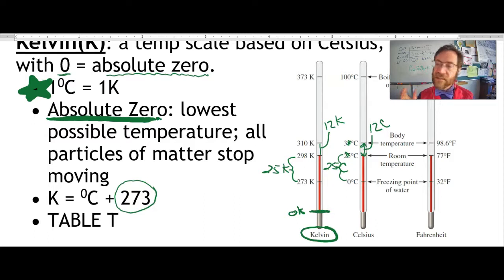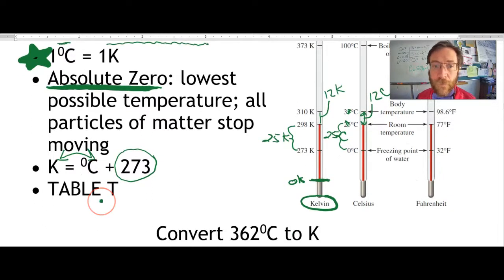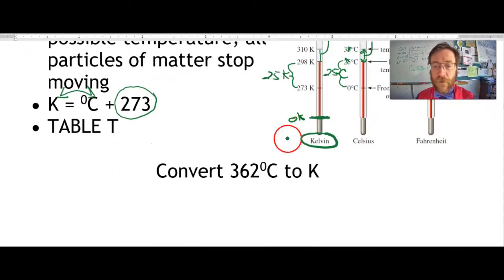You got it? And then it's a quick, easy conversion from Celsius to Kelvin, from Kelvin to Celsius. The equation is right here, and if you forget, the equation is on the back of your reference table. So if you had 362 Celsius and you needed to convert it to Kelvin, here is your equation: Kelvin is equal to Celsius plus 273.